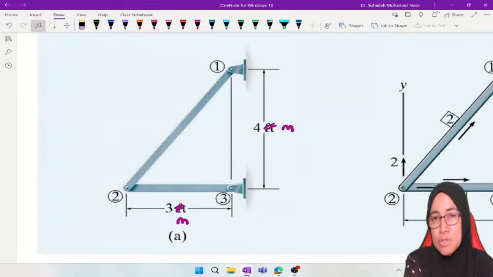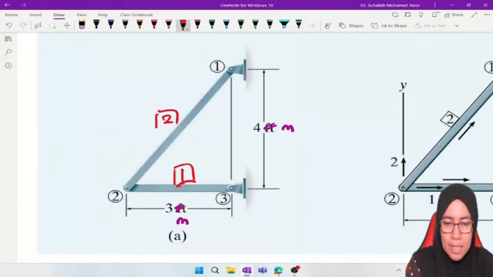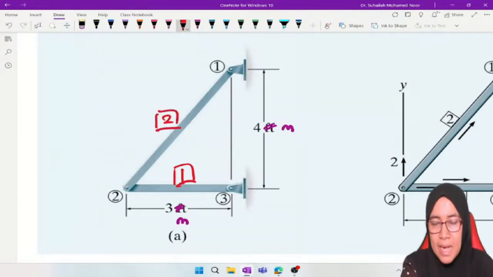Number one is node number, which is given. Number two is element number. There are 2 elements, so we can put in any numbering that we like: element number one and element number two.